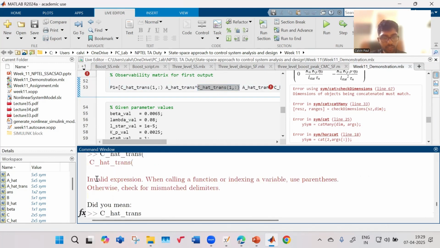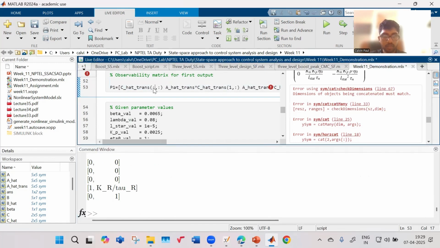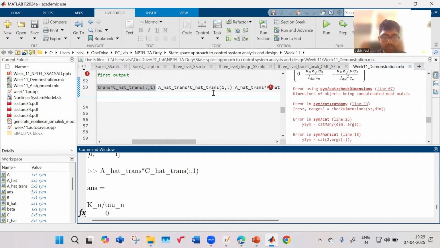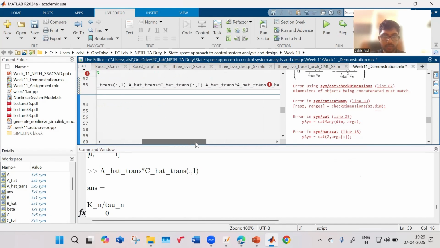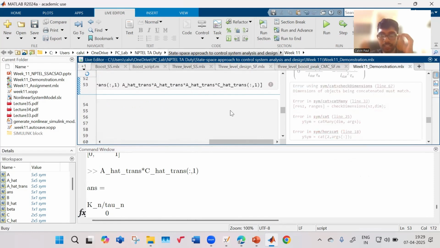So we want the first column, sorry, it's not the first column. So this comes out to be like this. So this is the correct way, from column 1. Let us run this section now.